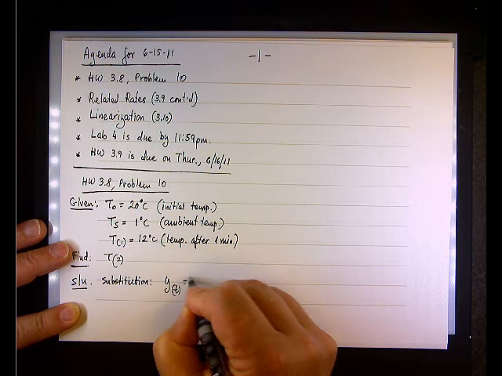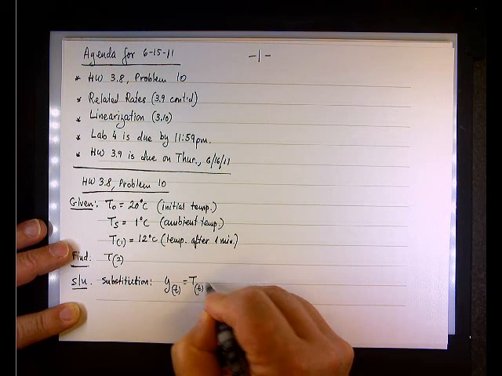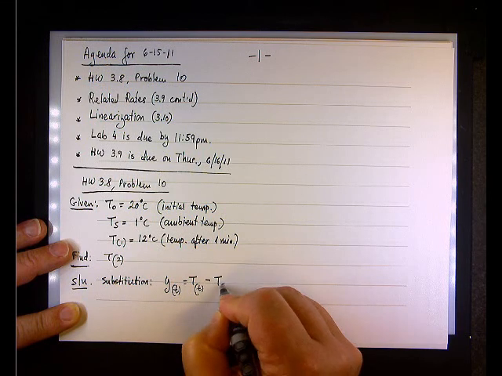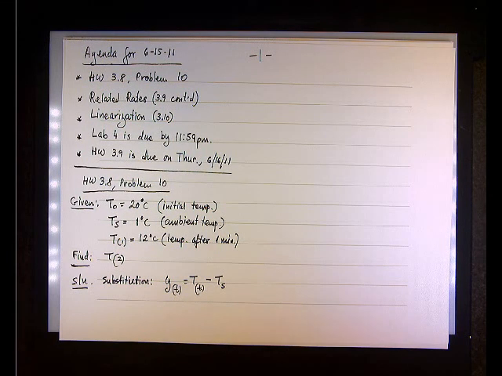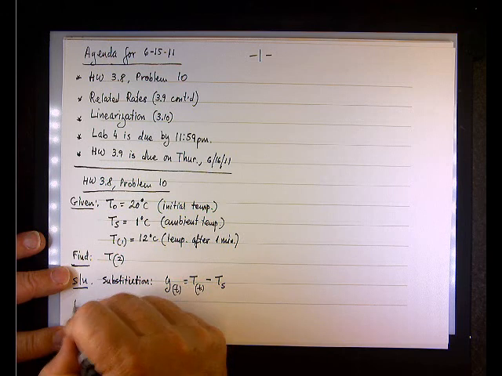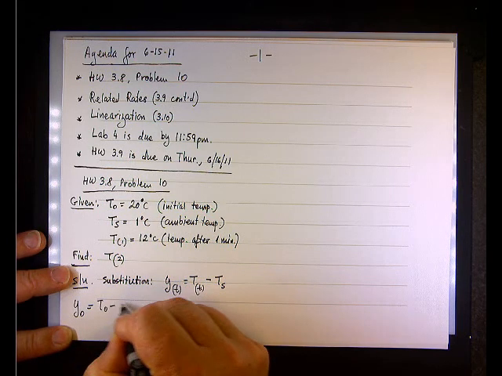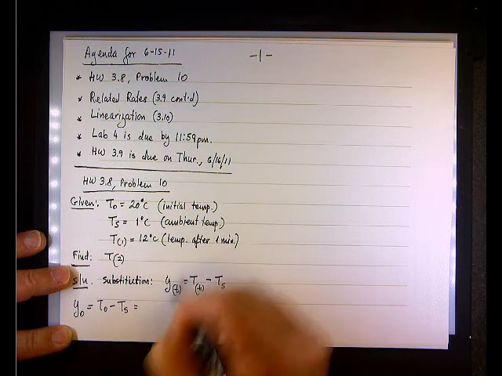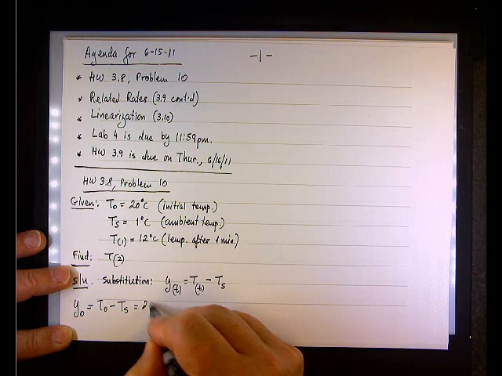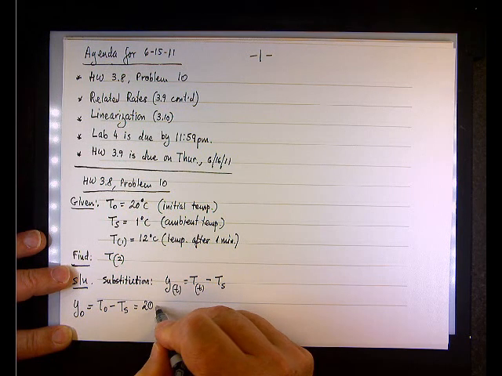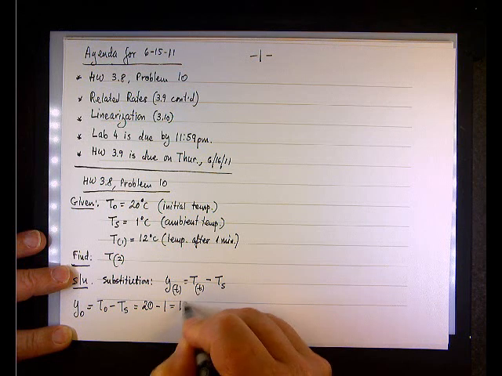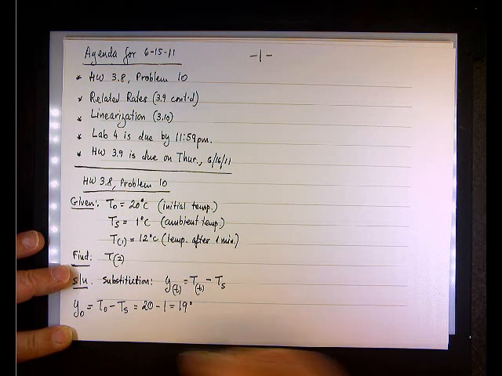Substitution y of t equals T in time minus the environment, the ambient temperature. So for instance, the initial value y sub 0 will be T sub 0 minus T sub s. In our case, it will be 20 minus 1 or 19.